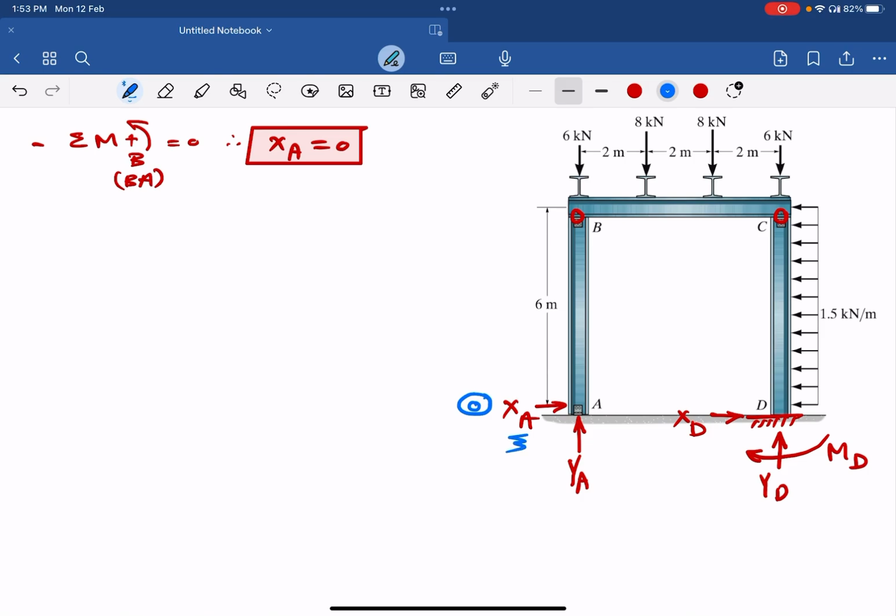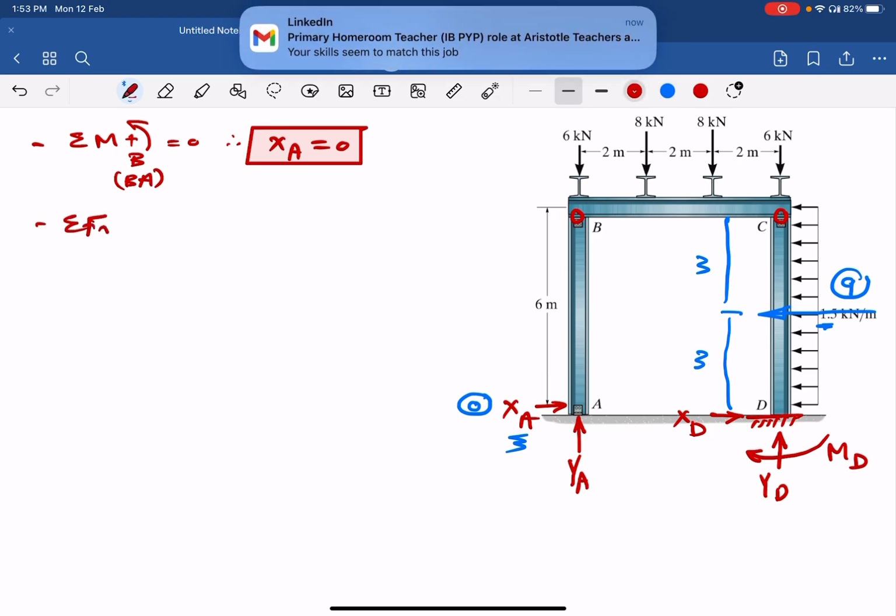Once we have XA, it will be easy now to get the X at D by taking summation of force in the X direction. But before doing that, let's get the resultant of the force that we have here. The resultant equals 1.5 times 6 equals 9 kilonewton, and it will be at the mid height, which is 3 meters here and 3 meters on this side. So now we can take summation of Fx equal to 0.